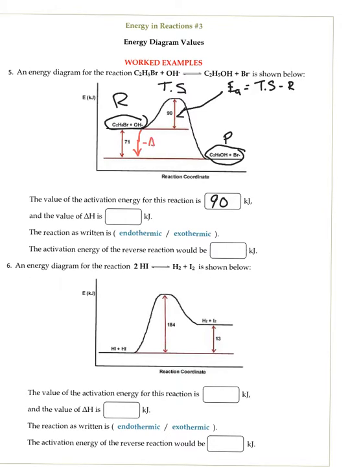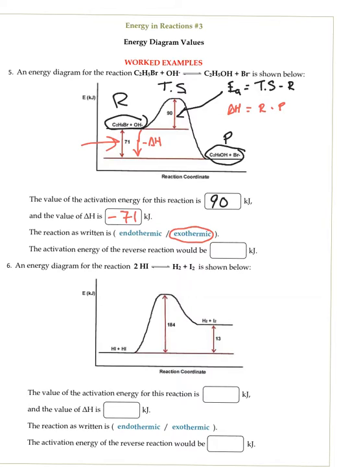So this is going to be a negative delta H. Remember that delta H is always reactants minus products. And so our delta H here is going to be negative 71. And so make sure that you realize that this is, in fact, an exothermic reaction.